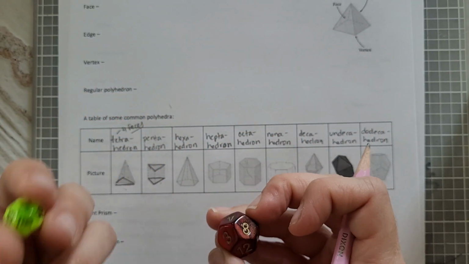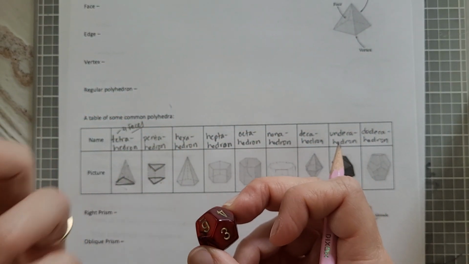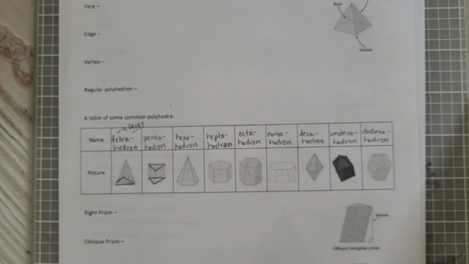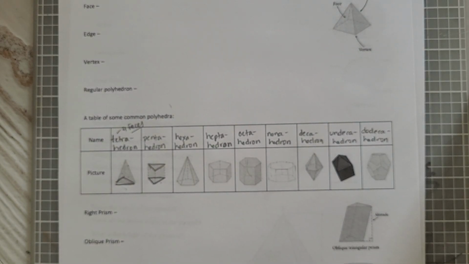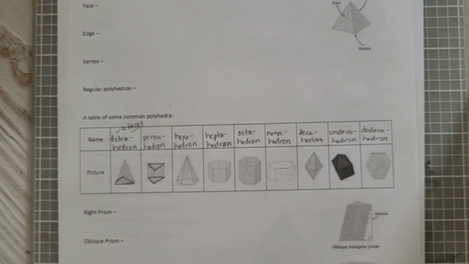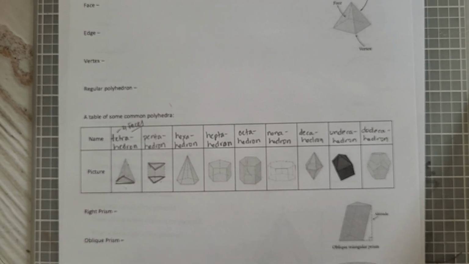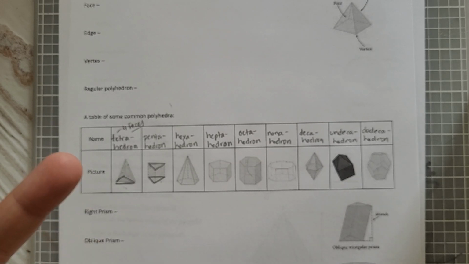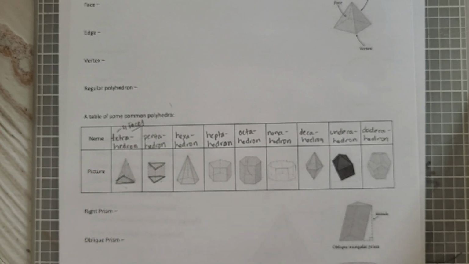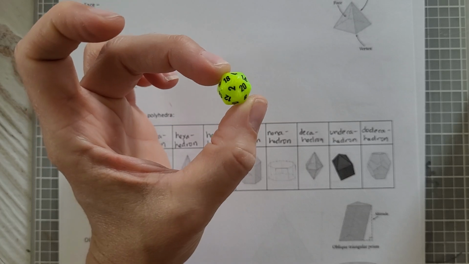Some of these are called Platonic solids because they are all of the different regular polyhedra. And Plato believed that these particular solids represented elements of the world. So you can Google that if you want. Another really famous polyhedra is called an icosahedron.